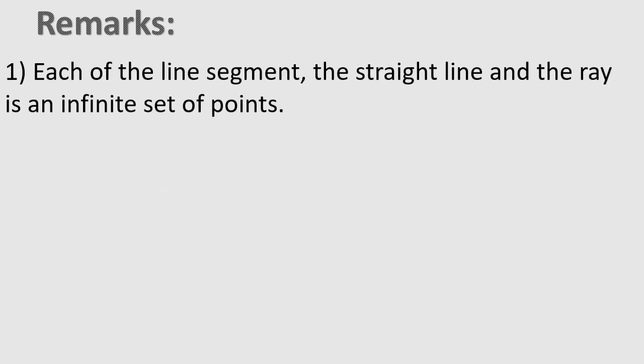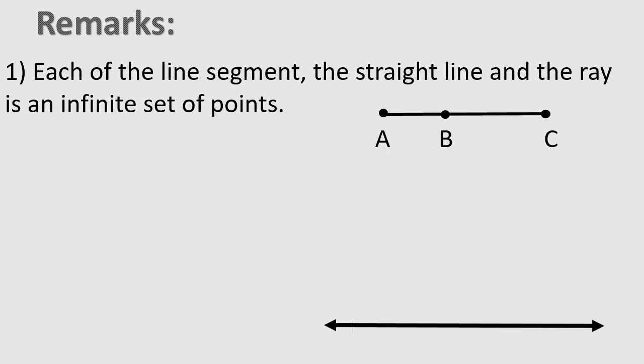Let's have some remarks. Each of the line segment, the straight line and the ray is an infinite set of points. For example, here I can put 3 points in this line segment, but it doesn't mean that this line segment has only 3 points. I put this point to read this line segment.